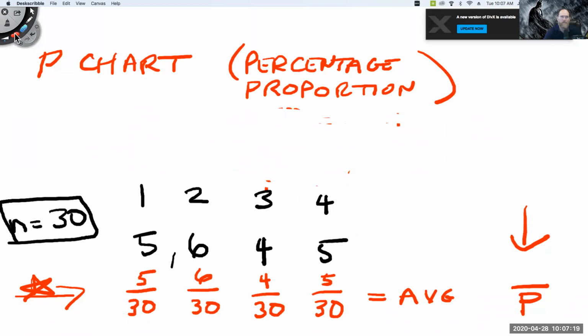So before I show that formula, let's go back to some comments I made earlier. Again, these are days. We start out with a discrete number, 5, 6, 4, 5, but we're going to convert that into a proportion, 5 out of 30, 6 out of 30, 4 out of 30.